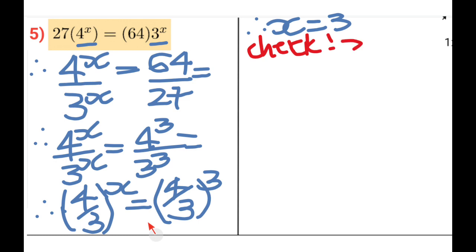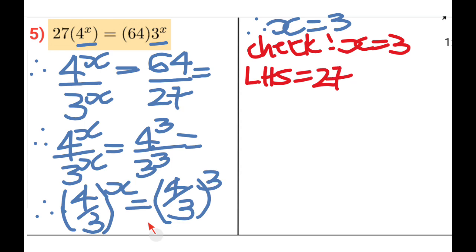We're checking for x equals 3 on the left hand side and the right hand side. Left hand side equals 27 times 4 to the power of 3, and 4 to the power of 3 is 64.